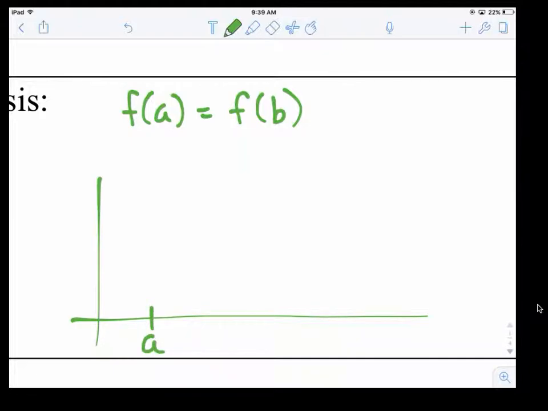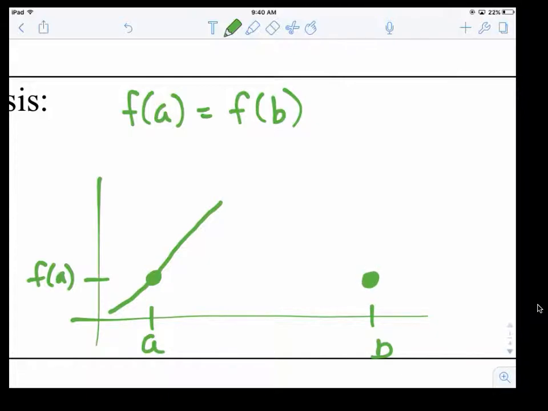Right, we have A, we have B. So if I know that my equation kind of starts there, and it goes up, right, and we know that this is going to be true, that means that this point has one over here as well.